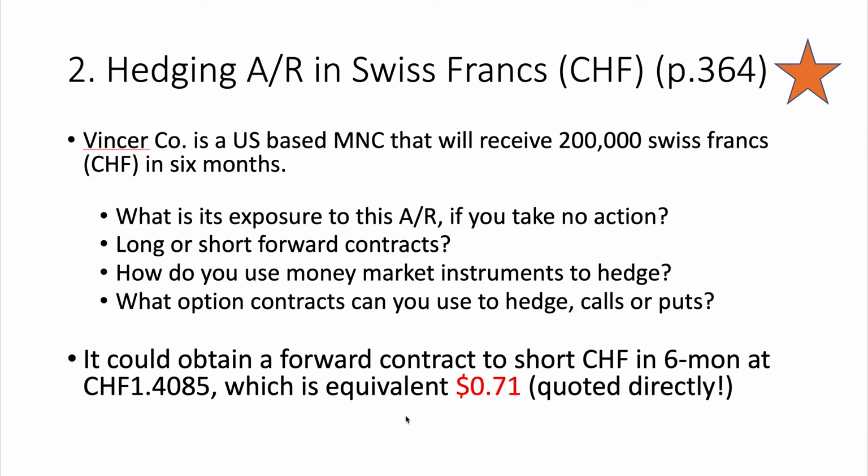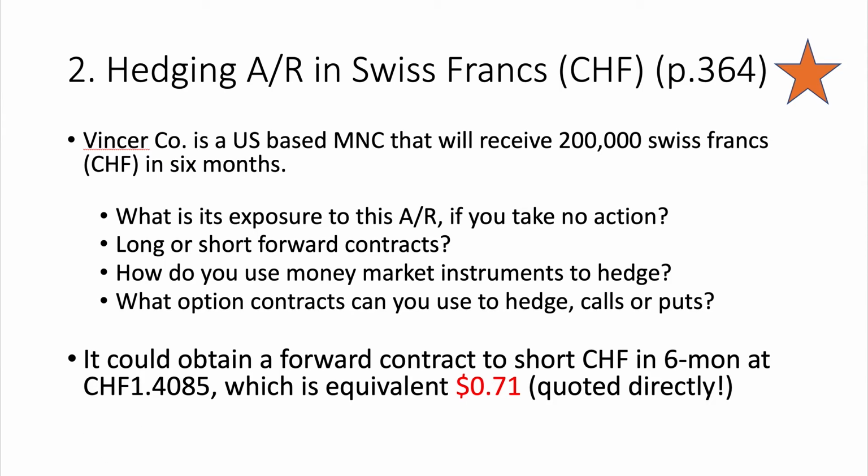But you have to invert it. Divided by that number, you get the equivalent of 71 cents dollar per Swiss franc. You have to use the direct quote. Otherwise, you are asking for trouble because all the analysis is upside down. Long becomes short, short becomes long, call becomes put, because the direction is wrong. So always use the direct quote in dollars. Even with something like Japanese yen, where it's such a tiny number and inconvenient, you have to do it.